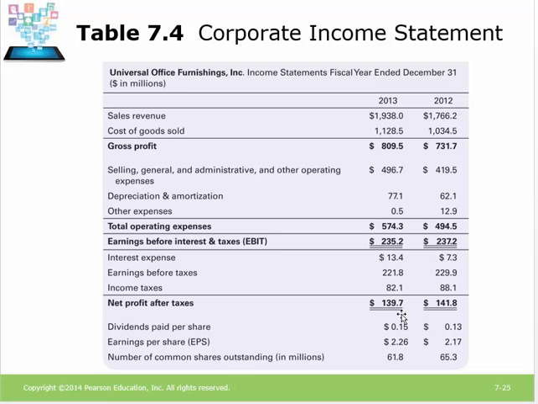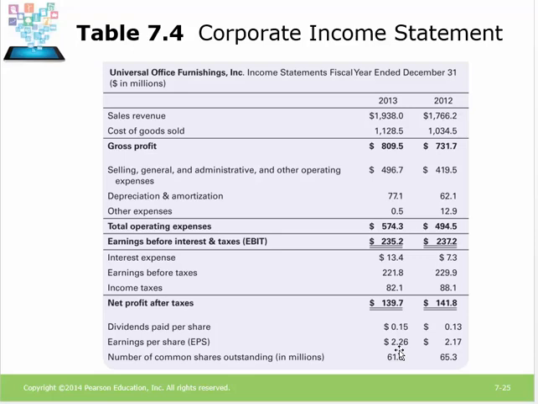The management of the company, the board of directors especially, is going to figure out how to distribute that money. If you divide 139 million by the number of shares, 61.8 million, there's $2.26 is the earnings per share. That is money.